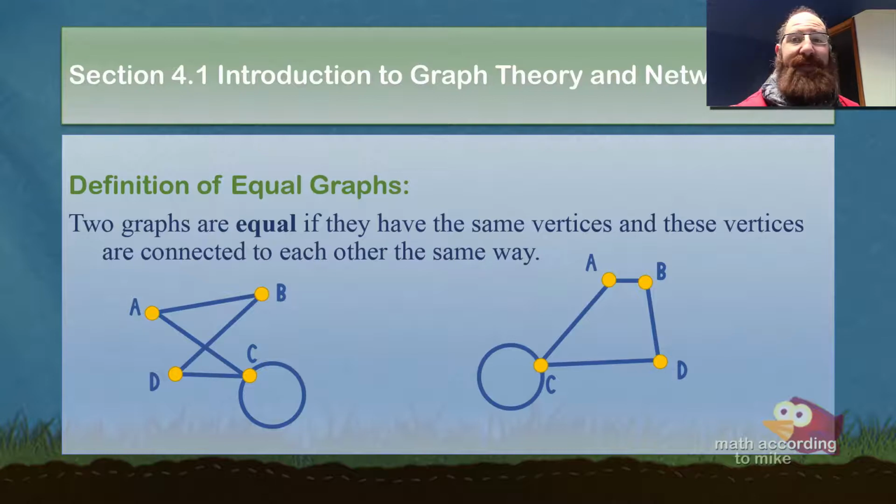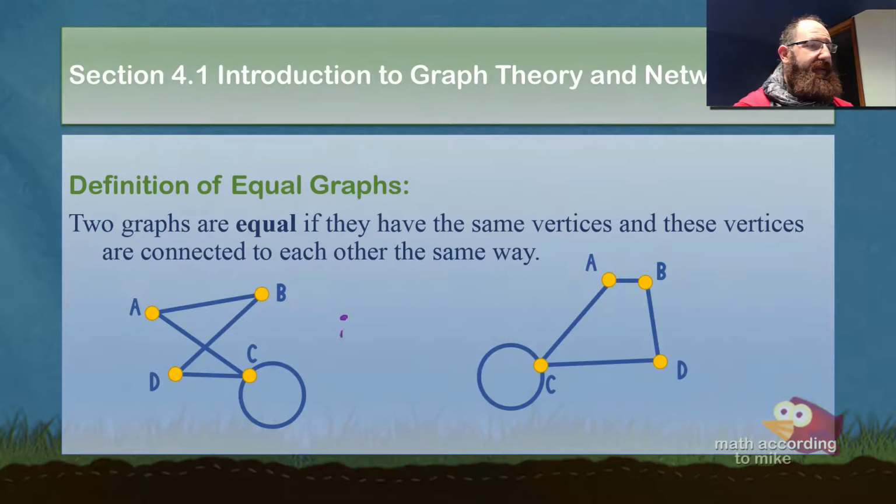So in our picture on the left, we have A going to B, B going to D, D going to C with a loop on C, and then C going back to A. The picture on the right is considered to be equal because A goes to B, B goes to D, D goes to C, C has a loop, and C goes back to A. So no matter how the graph is drawn, as long as it makes that pattern of what goes to what, also loops as needed, then you're good to go.